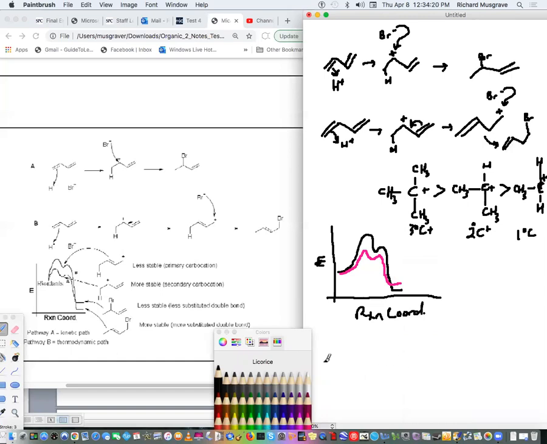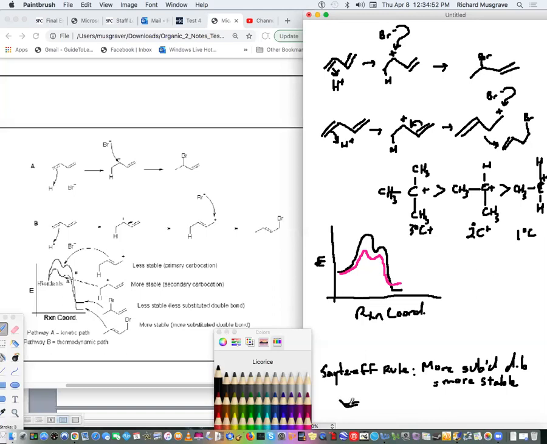Back in Organic 1, you would have remembered, or you might not, I don't know, there was something called the Zaitsev rule, which basically means that more substituted double bonds are more stable. What do I mean by that? I mean, the more carbons there are attached to a double bond, the more stable it is.